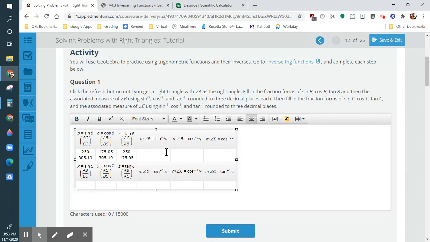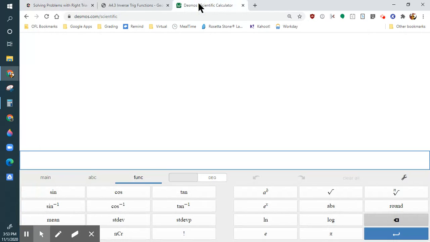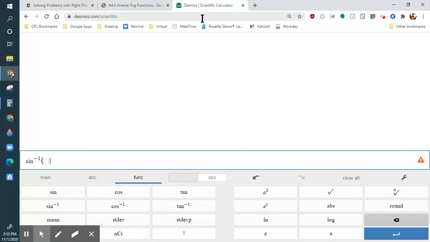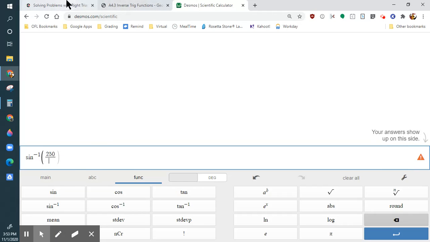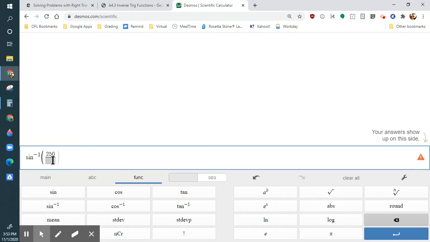Unfortunately, this is a very weak scientific calculator, so I'm going to use the Desmos calculator. We're going to do sine inverse of this fraction, 250 divided by 305.19.